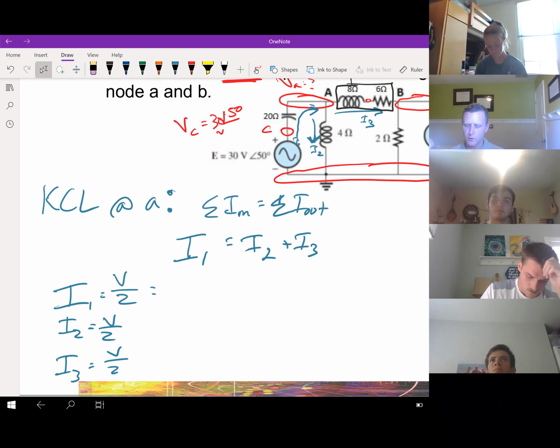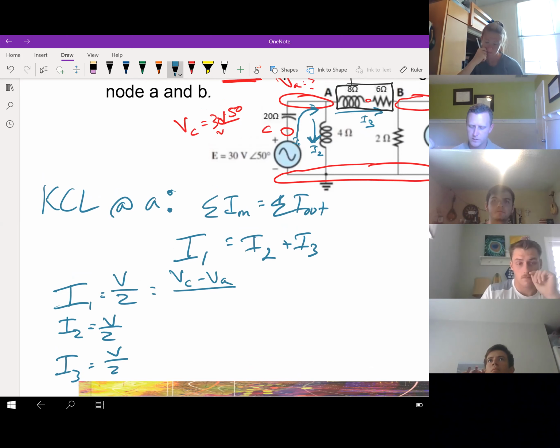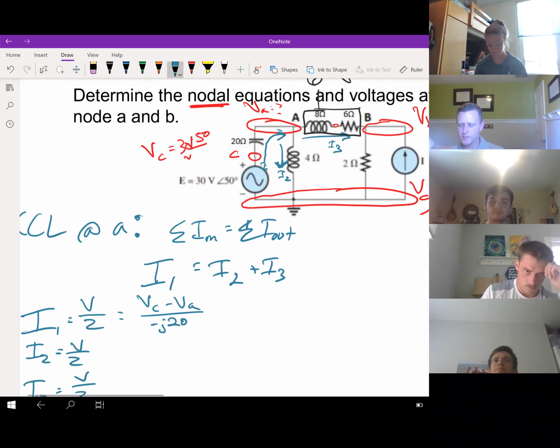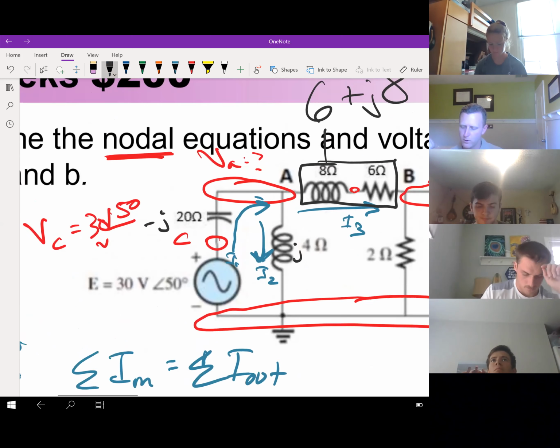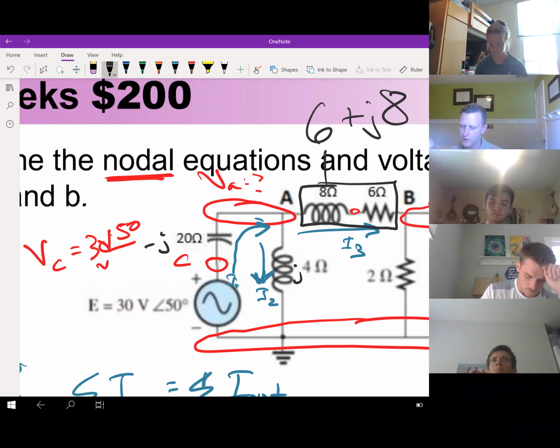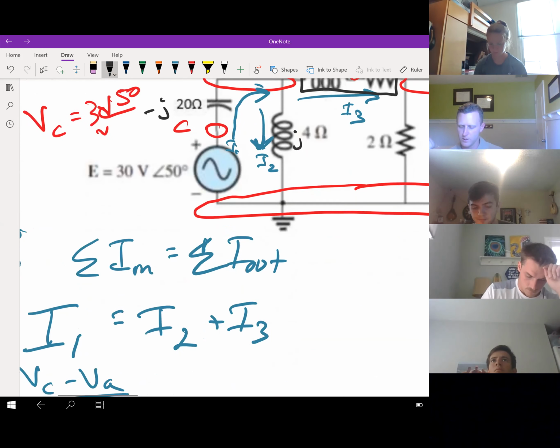And I1 is going from C to A. So VC minus VA over what's in between them, which is negative J20. As I mentioned earlier, your very first step on all AC problems is to label your J components: negative J20, J4, I already did J8 here, and all my impedances like that.